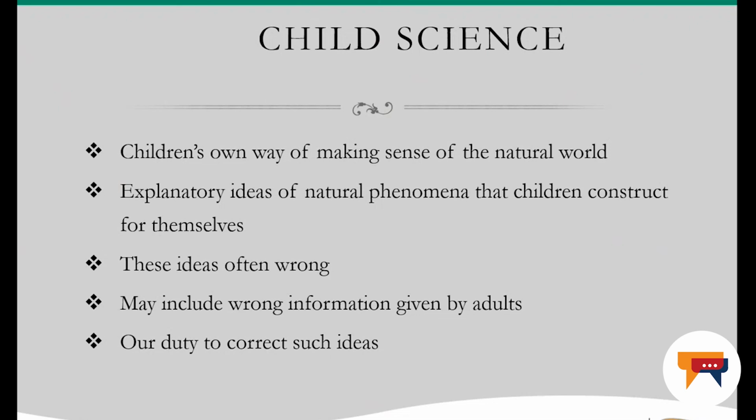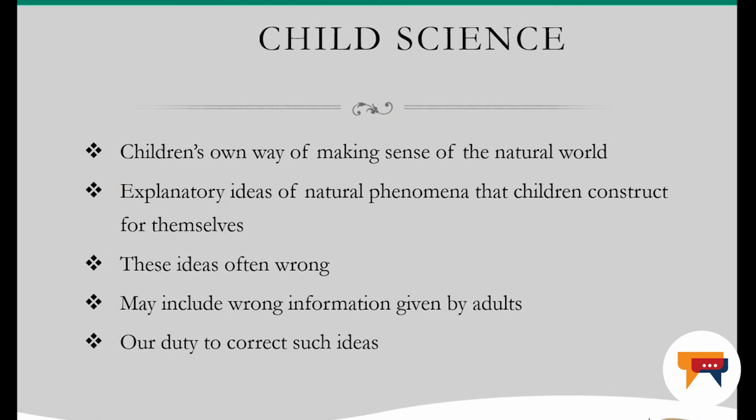What does this mean? This simply means that children do not arrive at our science lessons with empty minds. They often have already constructed their own interpretative ideas regarding natural phenomena. These ideas may be incorrect, but they seem entirely logical and sensible to the child.